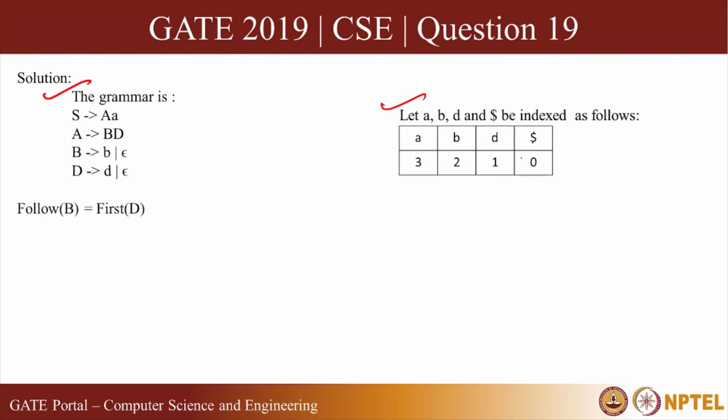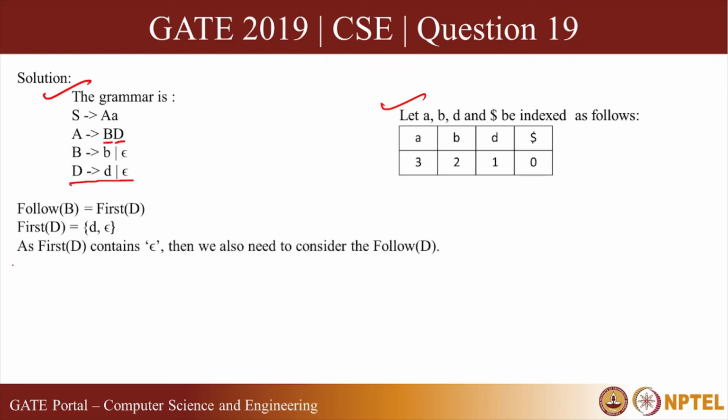They are asking for follow of B. We can see that after B there is the non-terminal D. So whatever terminals are generated by D can be the follow set of B. So follow of B is equal to the first of D, right? Now we can see that first of D gives us small d and null.